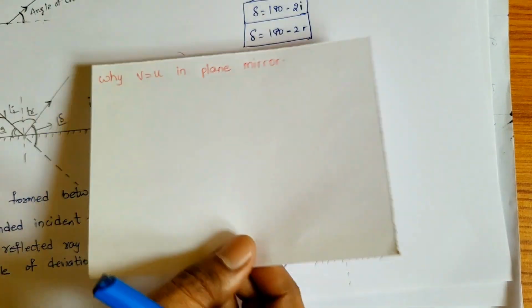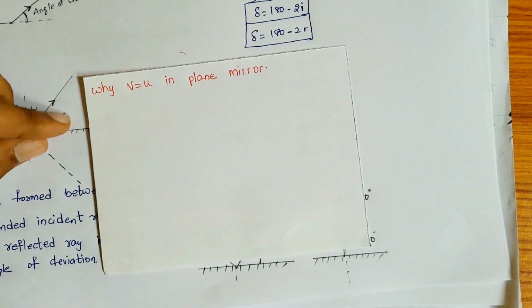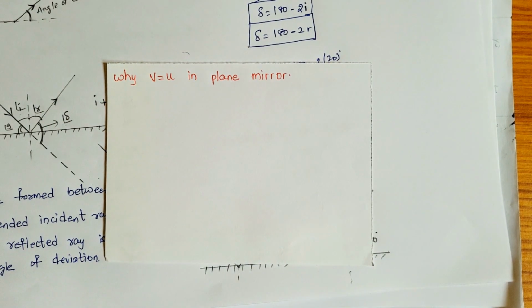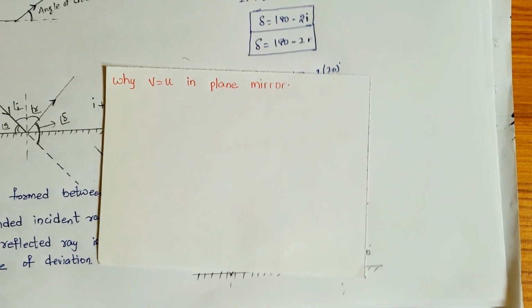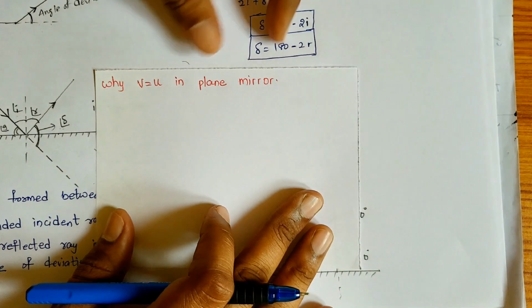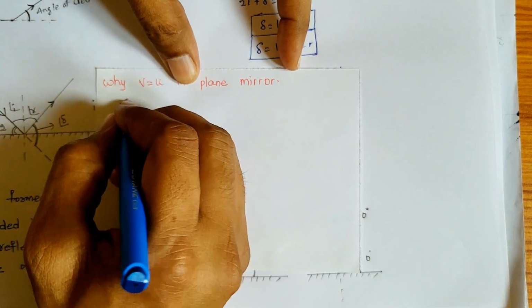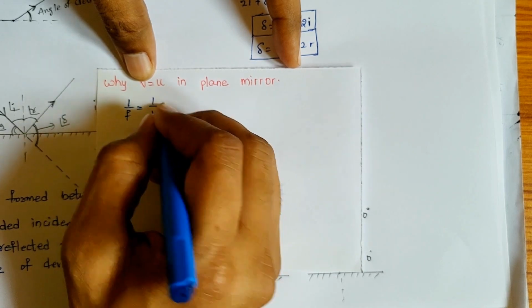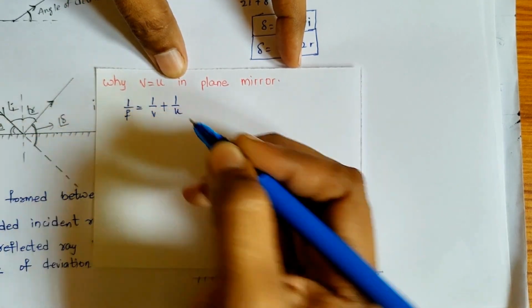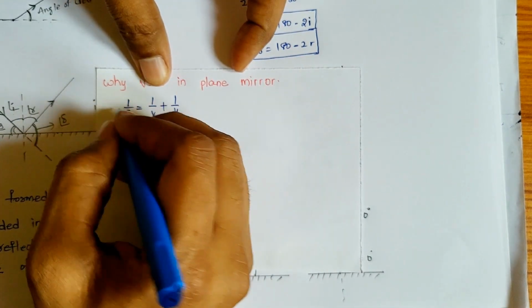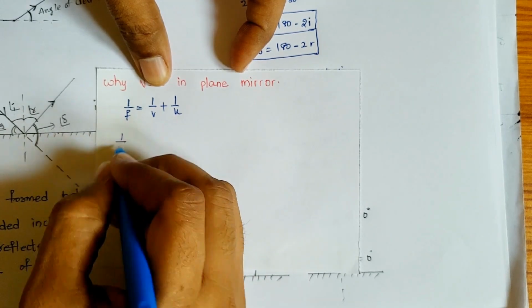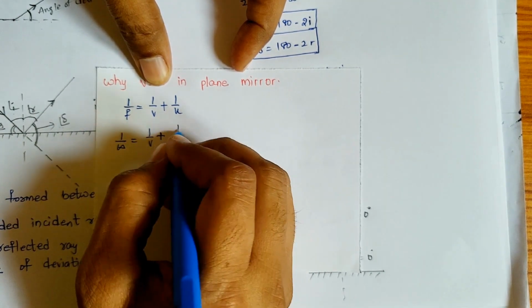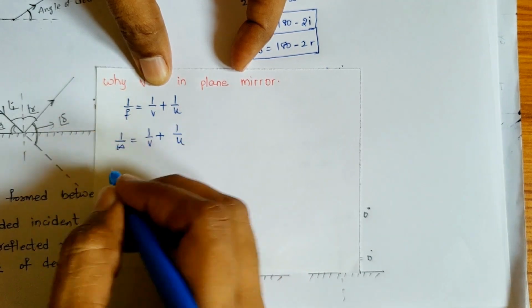Next, how is object distance equal to image distance in a plane mirror? Okay, so now we know the mirror formula. Mirror formula is 1 by f is equal to 1 by v plus 1 by u. Just now we found out the focal length of a plane mirror. It is equal to infinity. 1 by infinity is equal to 1 by v plus 1 by u. 1 by infinity is 0.